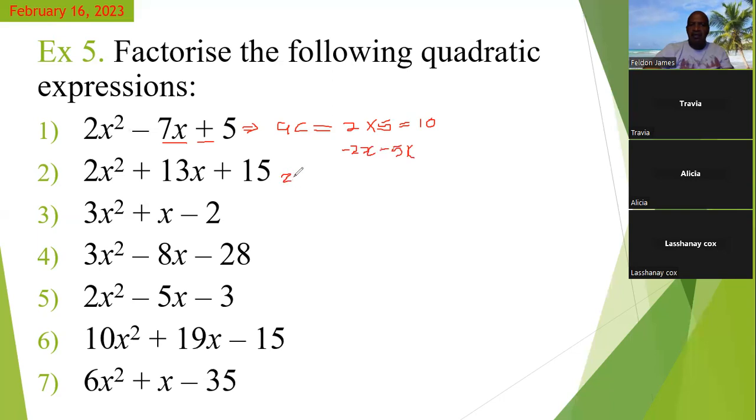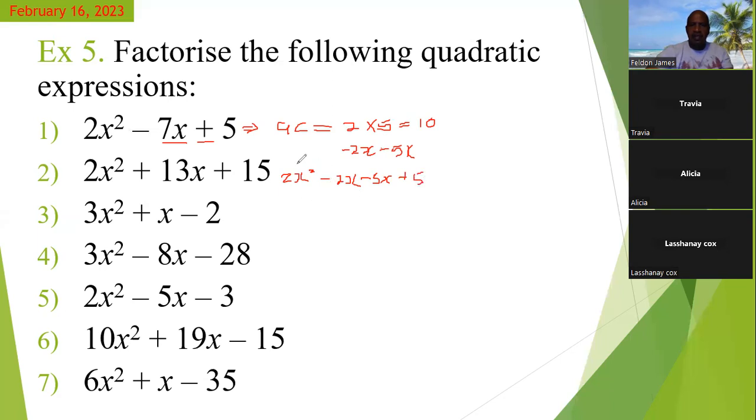So we would have 2x squared minus 2x minus 5x (2x minus 5x), then we put back plus 5.